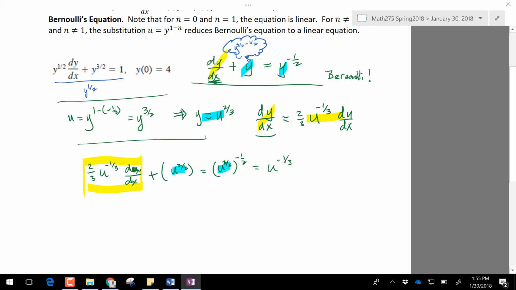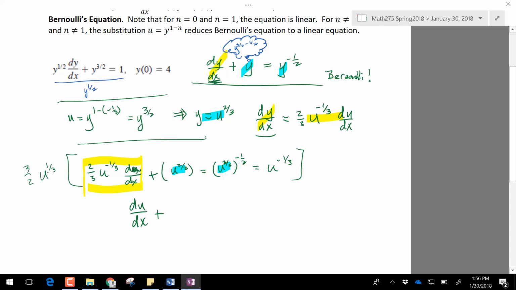All right. So now let's look at it as a, well, we don't know if it's going to be a linear differential equation. Let's get du dx by itself, or at least divide by the coefficients. And then I would multiply everything by 3/2 u to the 1/3.